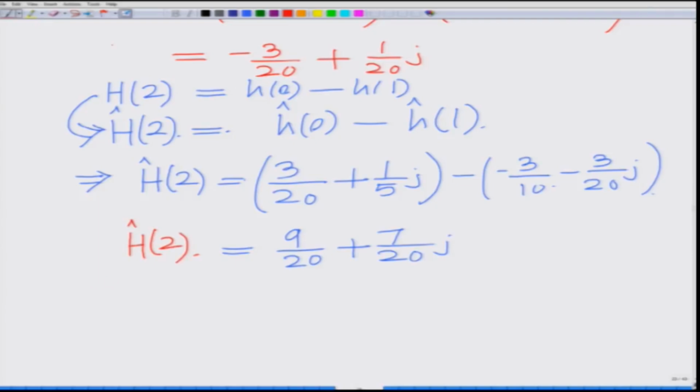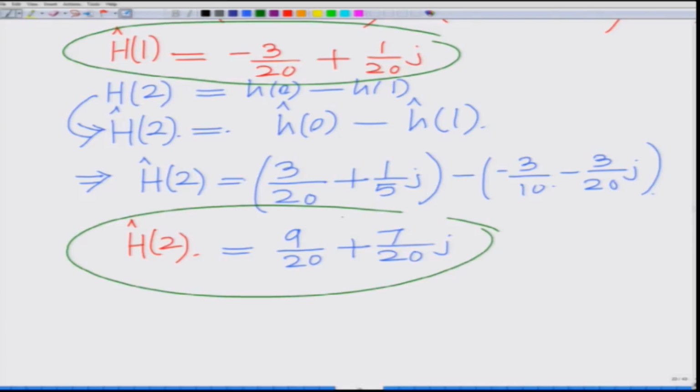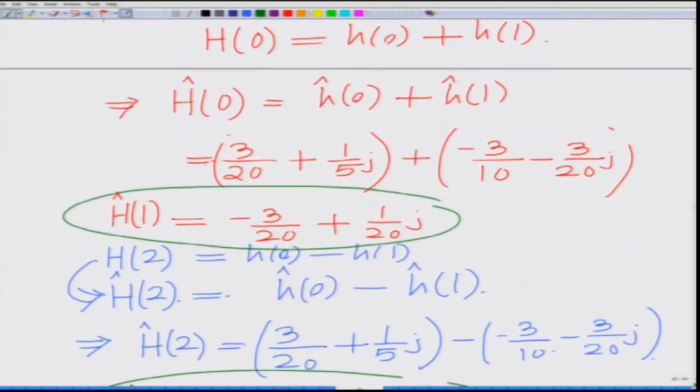So, now we have calculated the value of H hat 0 and the value of H hat 2. Let us write this down again. So, your H hat 0 equals minus 3 by 20 plus 1 by 20 j, I am sorry, this is H hat 0 rather, not H hat 1.